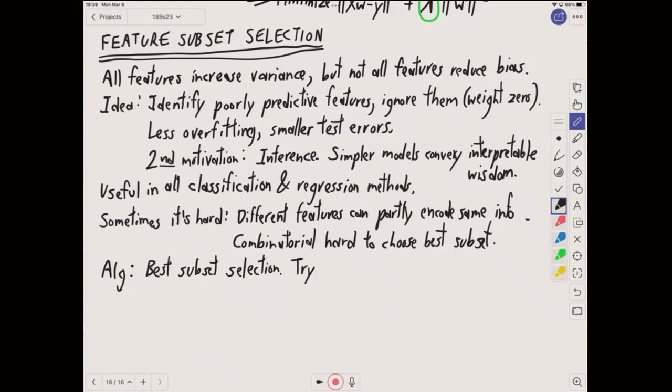The way it works is that you actually try every possible subset except the empty subset. For each subset, you train a classifier using those features. Then you choose the best classifier from all those different classifiers by validation or cross-validation as usual.